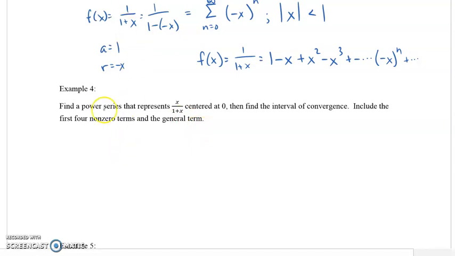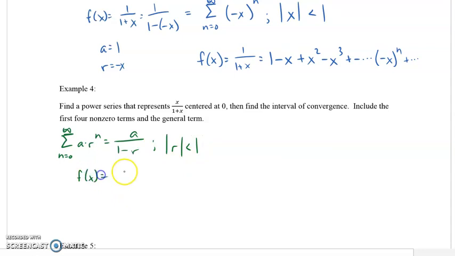I think that we might have seen somewhere before that the sum from n equals 0 to infinity of a times r to the n is equal to a over 1 minus r, provided that the absolute value of r is less than 1. And if our function is x over 1 plus x, which is the same thing as x over 1 minus a negative x, then it should be pretty clear that the a value we're dealing with is the numerator, x.